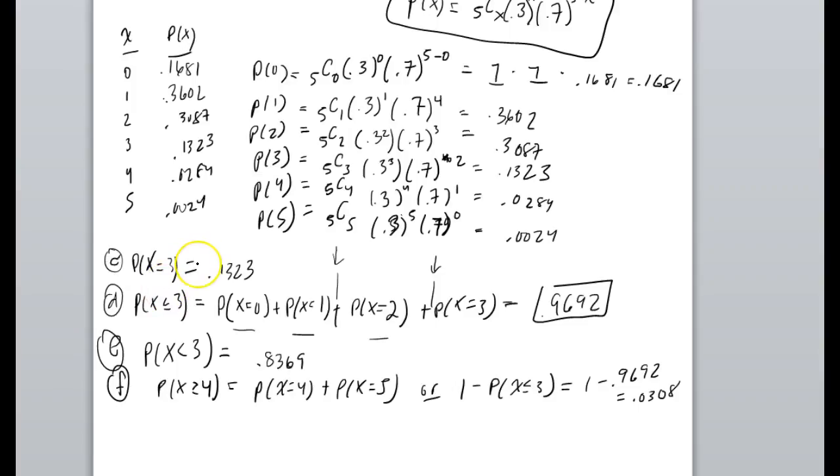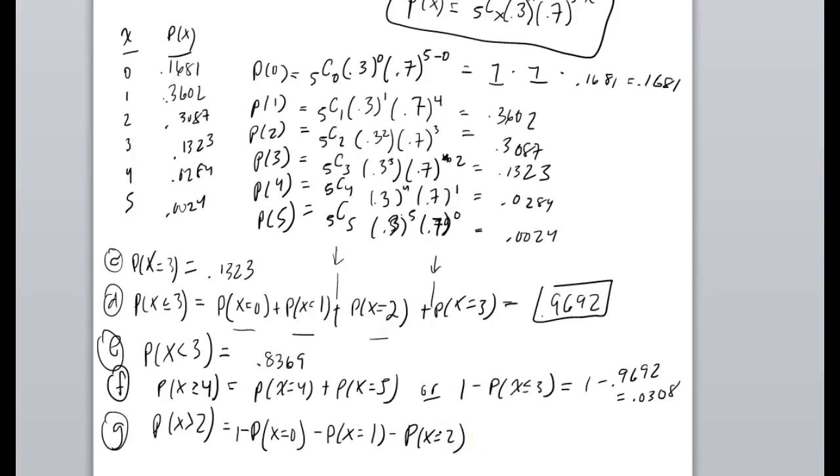Move on to G. And G is probability of x greater than 2. And that could just be 1 minus the probability of x equals 0 minus the probability of x equal 1, and minus the probability of x equal 2, right?